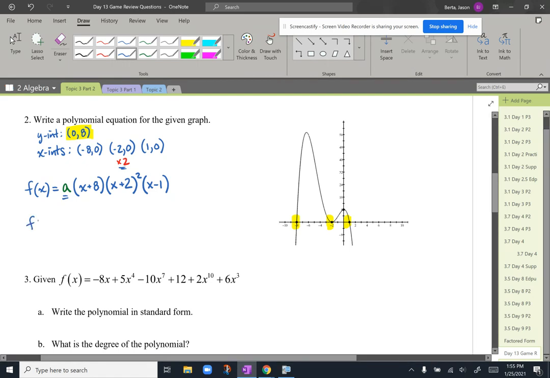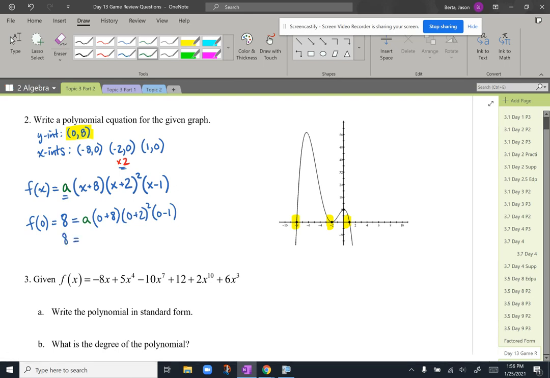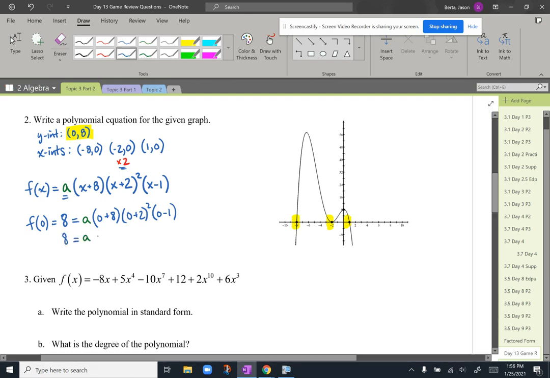So if f of 0 equals 8, I can set that equal to a times 0 plus 8 times 0 plus 2, that factor is squared, times 0 minus 1. So 8 equals a, this becomes simplified to times 8 times 2 squared times -1.